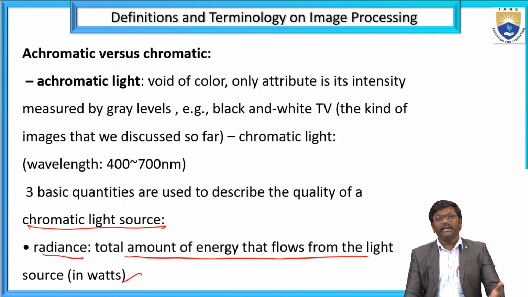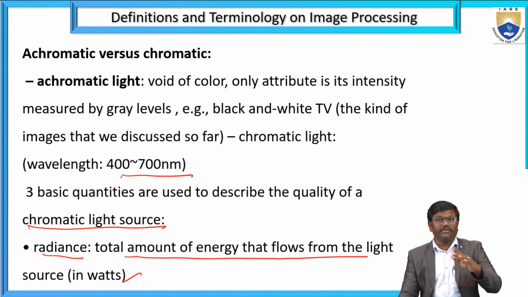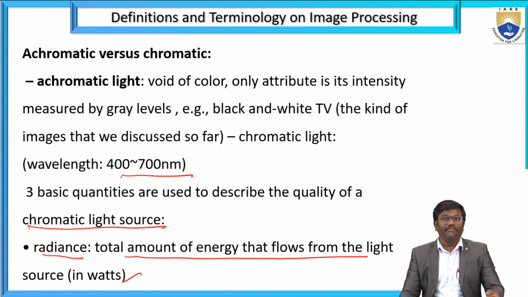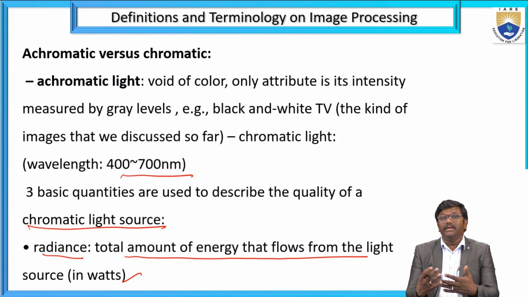In achromatic light we define in terms of 400 to 700 difference, but in chromatic light we define in terms of the light source in watts. So we can understand the distinction between achromatic versus chromatic very simply based on the basic concepts.